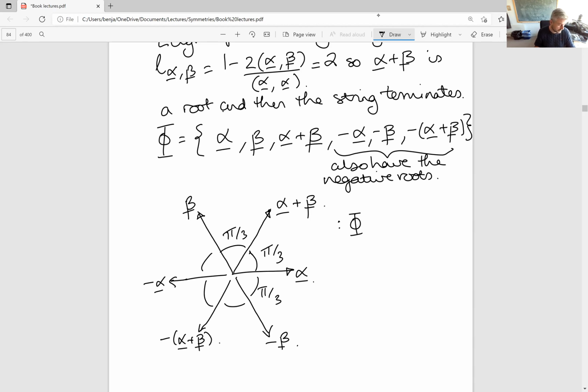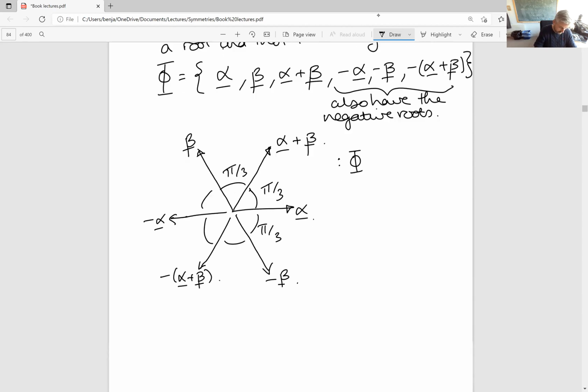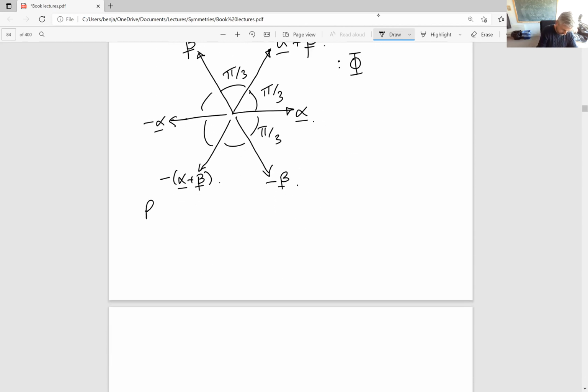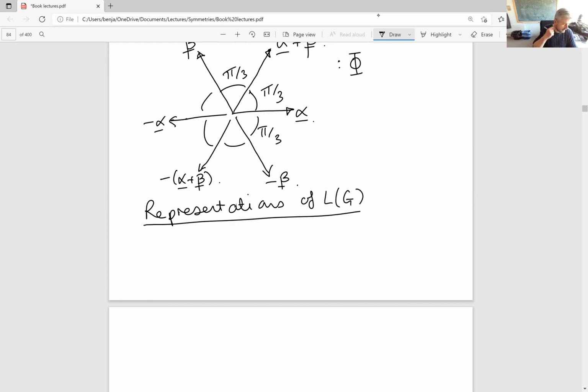Now let's begin to talk about representations of the Lie algebra. Suppose big lambda is a representation of the Lie algebra. So our representation of it, little d, is a map.